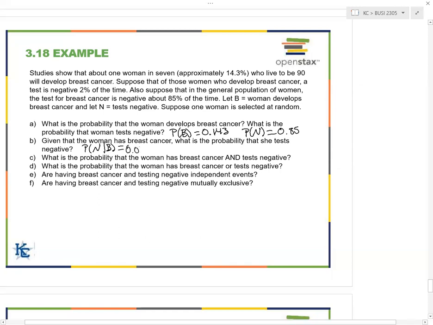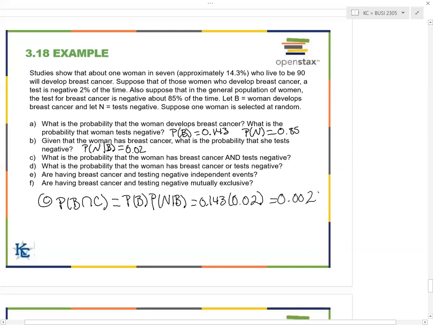So that's 0.02. What is the probability that the woman has breast cancer and tested negative? For C, we want the intersection, so our formula is the probability of B times the probability of N given B. So we have 0.143 times 0.02, which gives 0.0029.